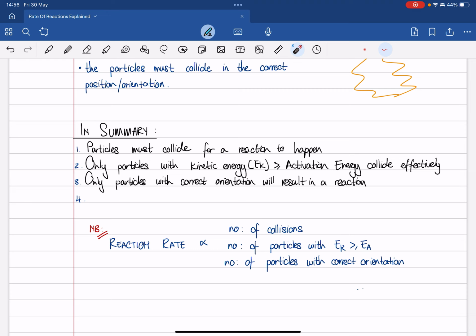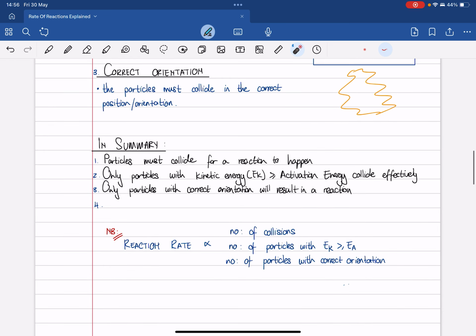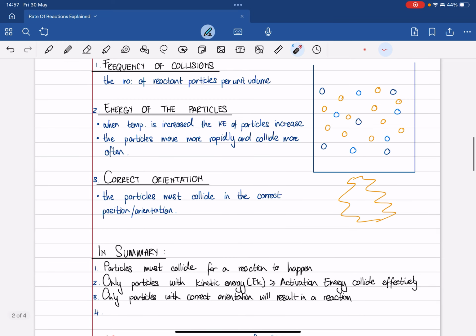So those particles that have a kinetic energy that is greater or equal to the activation energy, those particles collide effectively. Lastly, only particles with the correct orientation result in a reaction. So this is a nice summary of the collision theory.